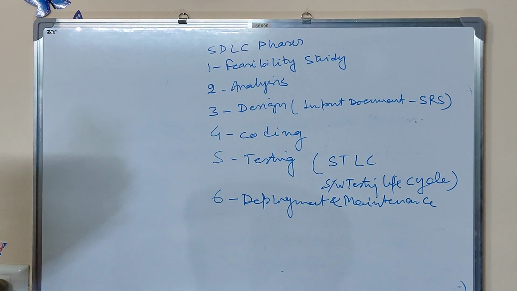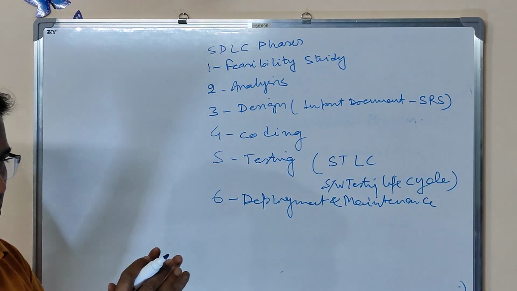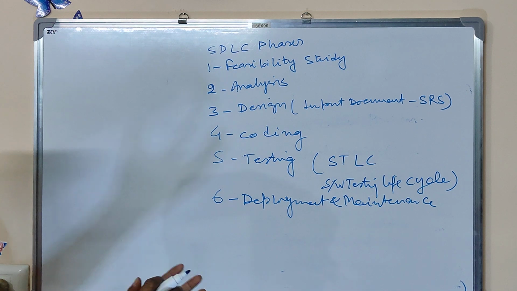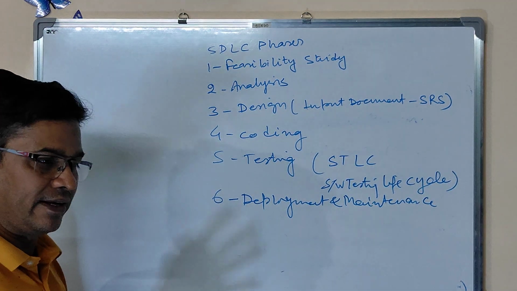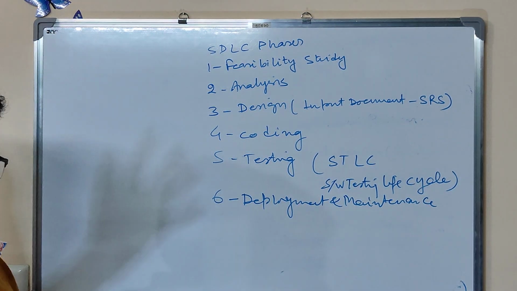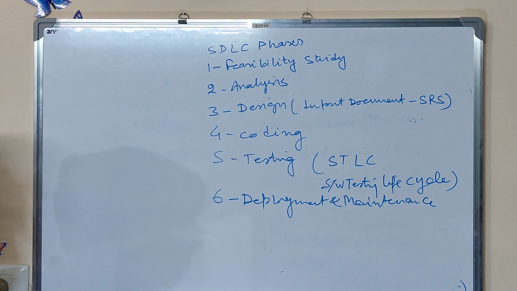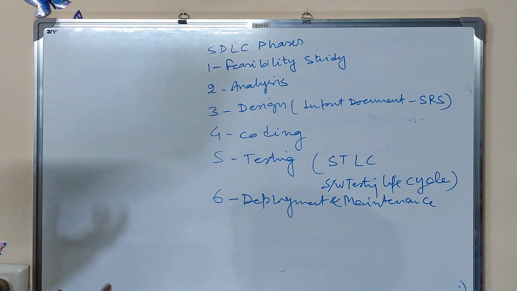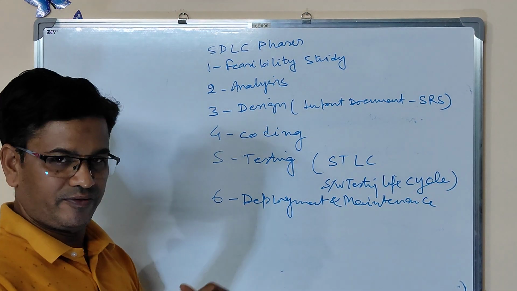So deployment means just to deploy this part of software into production. And once it is deployed into production, it is open to work. Anybody can use this application. So deployment is an activity after which we get the application live. Got it?